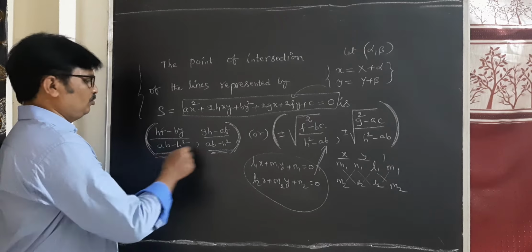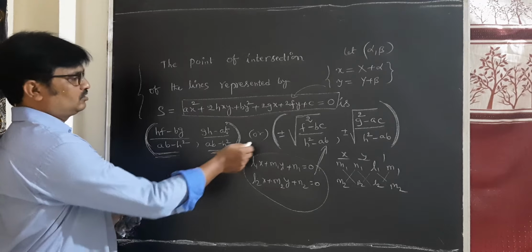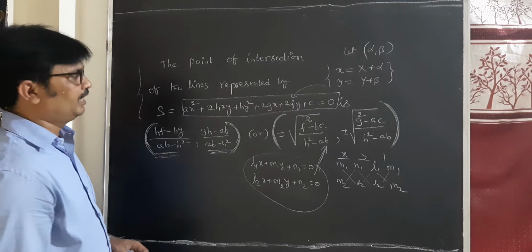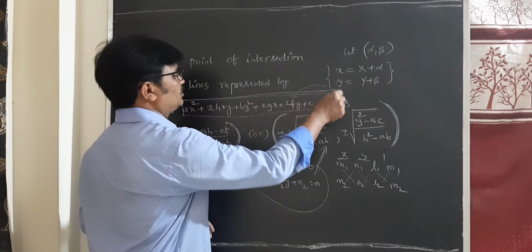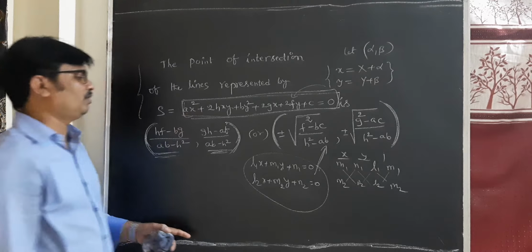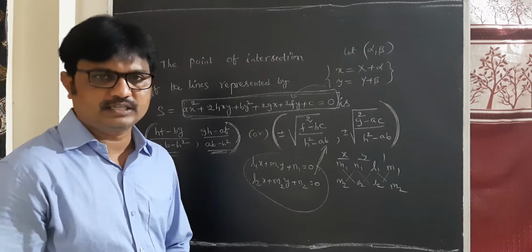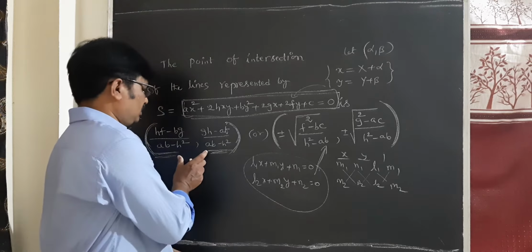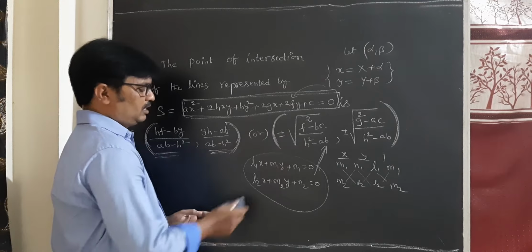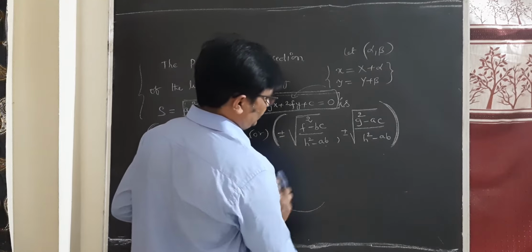We can take the point of intersection this way or that way. If you take any second degree equation and find the point of intersection, you get the same point. Either way, this is the point of intersection.